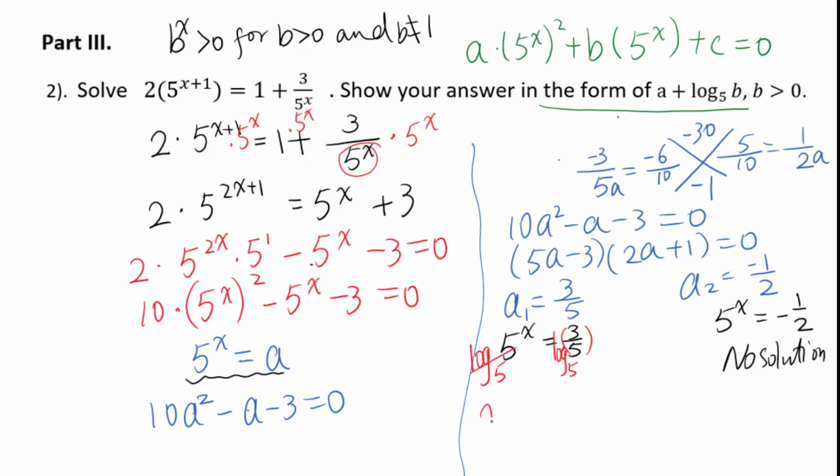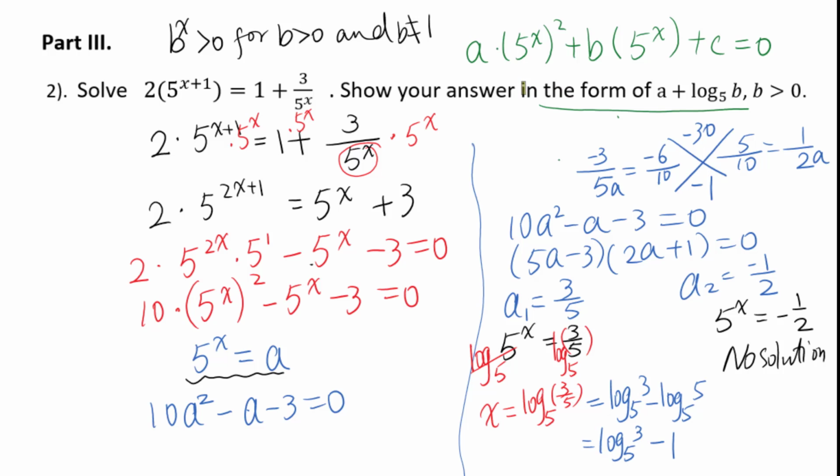We will get x equals log base 5 of 3 over 5. Then expanding the log: division of power, we subtract exponents. Log is exponent. Therefore, we will get log base 5 of 3 minus log base 5 of 5 equals log base 5 of 3 minus 1.